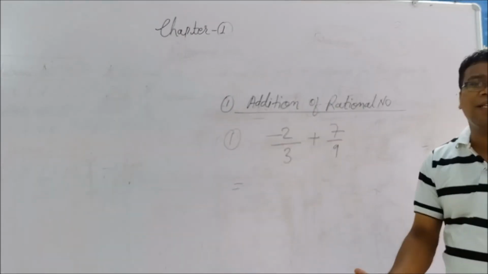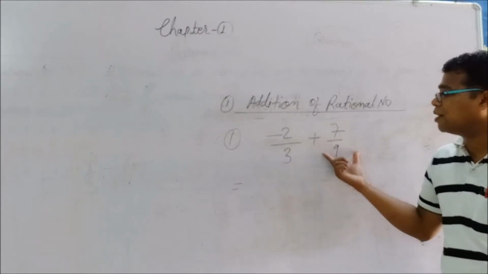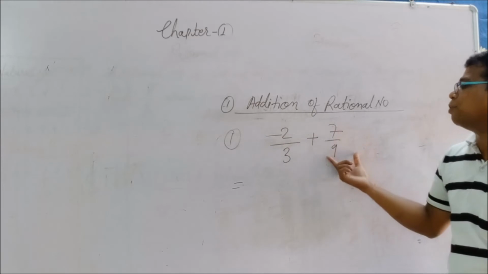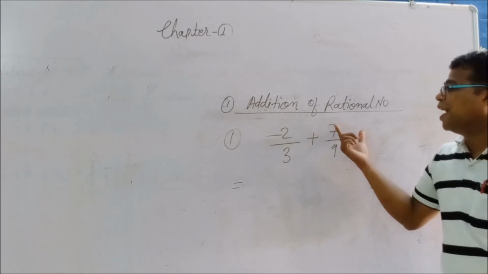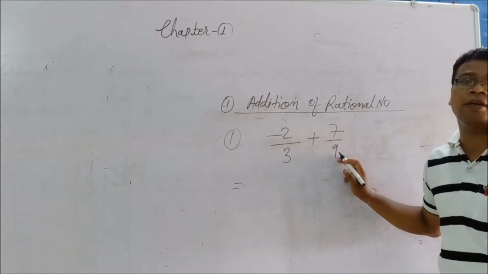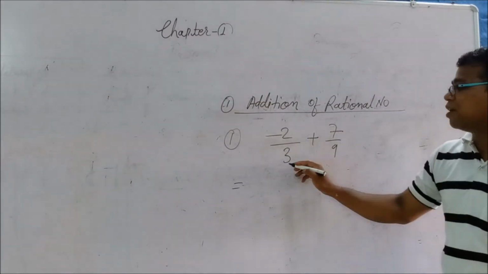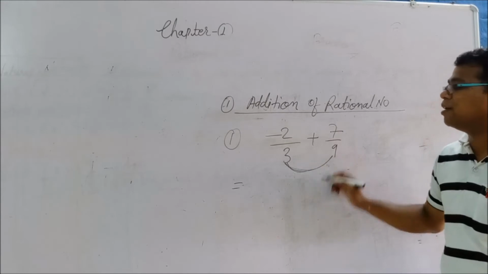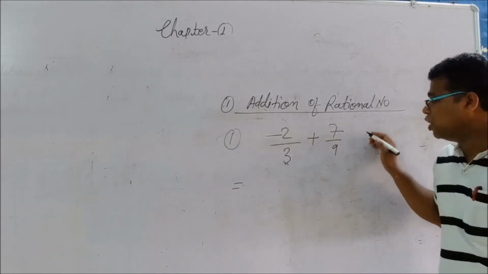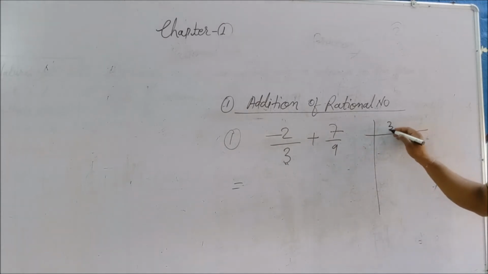We know that these are all in the form of fractions, means numerator upon denominator. So addition is not possible until we equalize the denominators. Until we equalize the denominator, we are not able to solve this particular question. So in such a case, what do we do? Generally we find the LCM of the denominators.